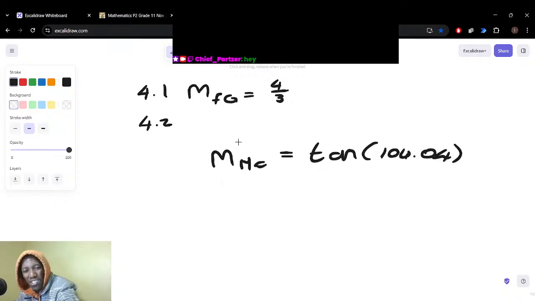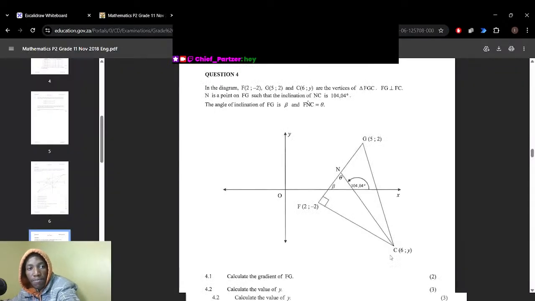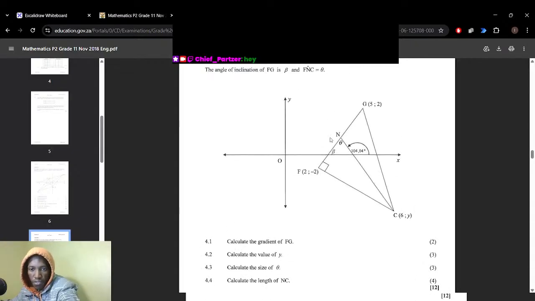So the question is to calculate the y coordinate of C. We know the gradient of FG and of NC. So how do we calculate this?